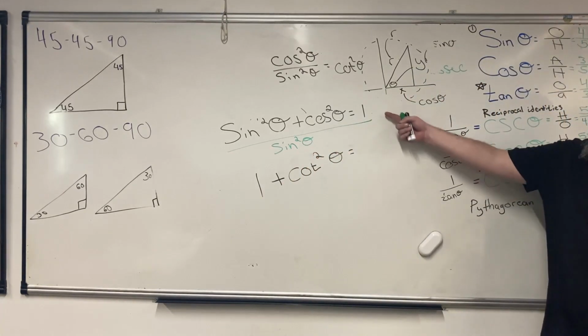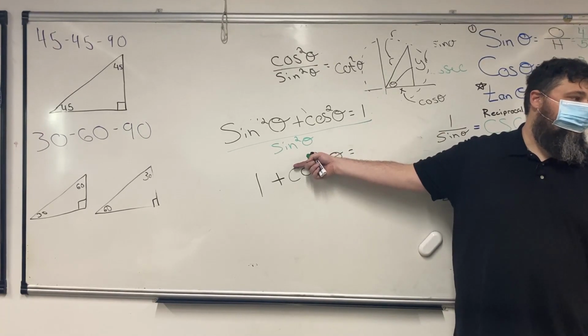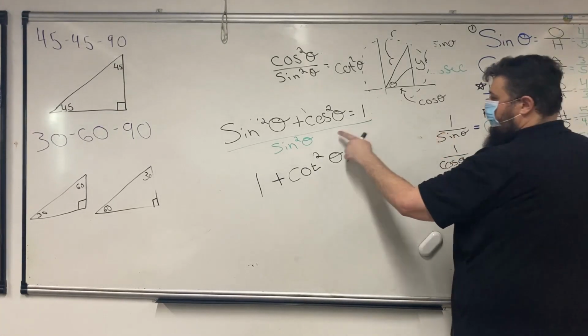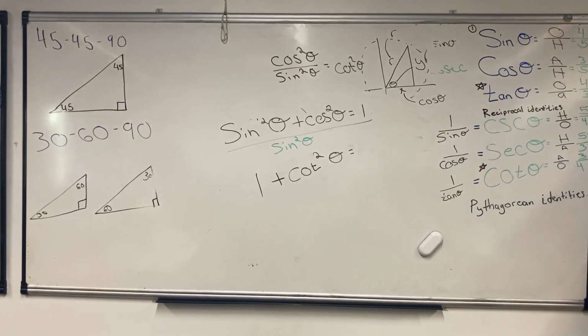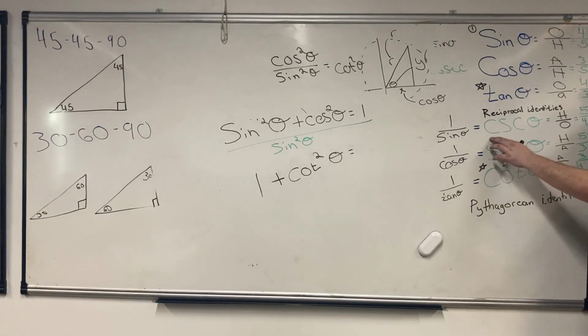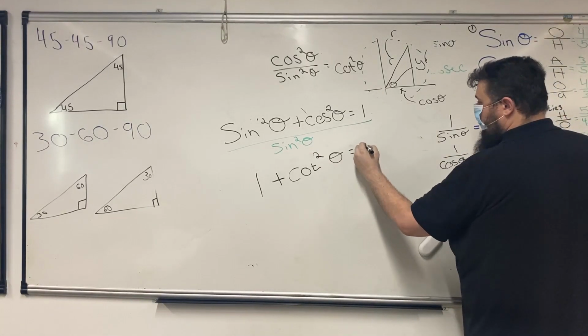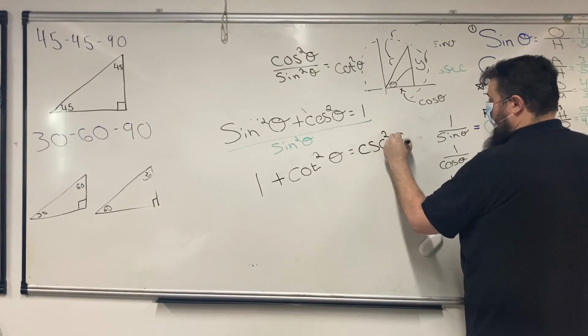Gavin, what does 1 over sine equal over here? Yeah, we're going to call it cosecant. So 1 over sine is just cosecant squared theta.